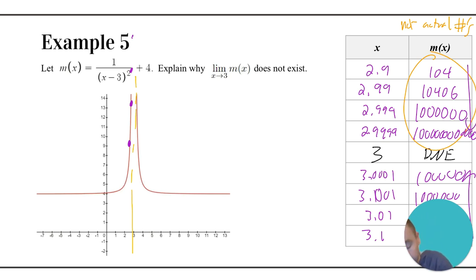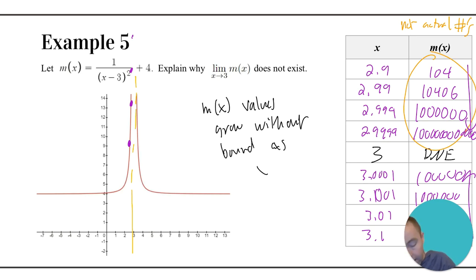Basically, in a nutshell, what we'd be able to say here is that the m of x values are growing without bound as x is headed towards 3. We will be able to give some attention to the fact that they're headed towards infinity and deal with that appropriately with limits in a little while.